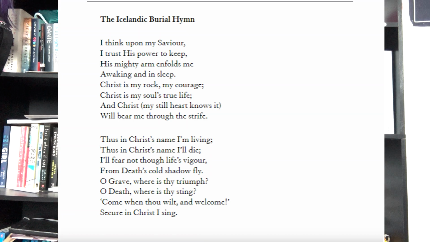Isn't this ironic? This is such strong irony, because Agnes does not come to this, really. And this is what Toady was supposed to be preparing her for, these kinds of beliefs and this kind of way of thinking. But Agnes doesn't really get there. We have a little bit where she's like, maybe I should have gone to church more. But I don't believe that Agnes is thinking that Christ is there bearing her through strife.